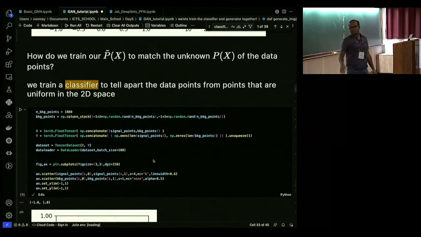And on top of that, we need to teach the neural network some points which don't follow the pattern we are seeking, so that the neural network knows these are the categories which we should generate, and these are the categories which we should not generate. There will be a contribution from both these pieces of information in the training program.